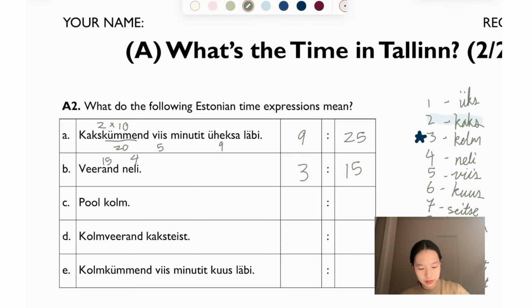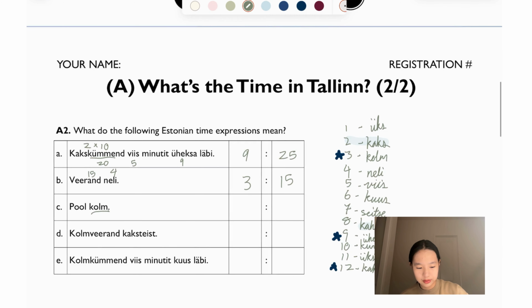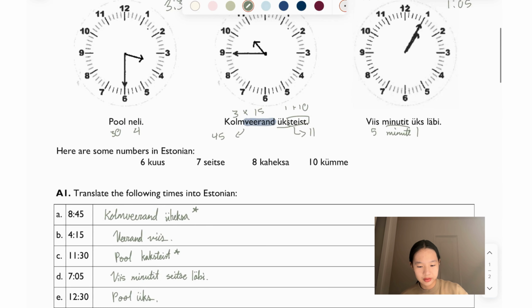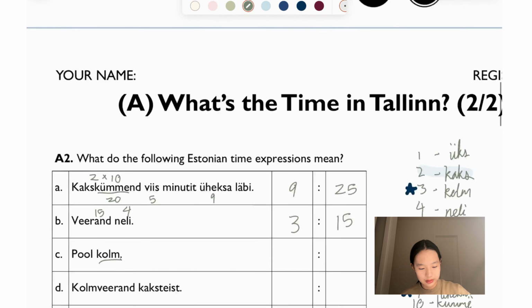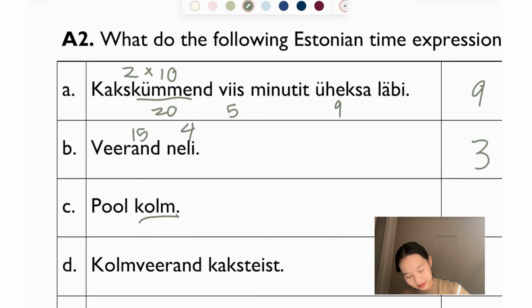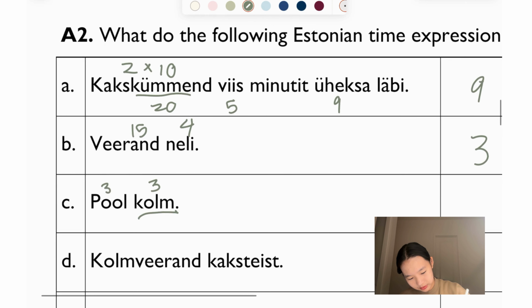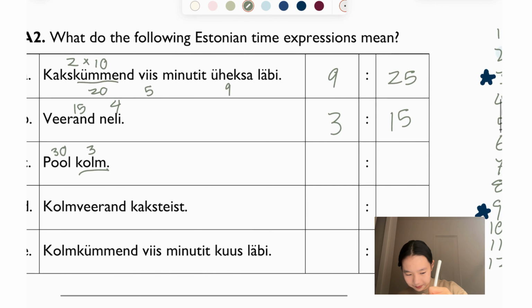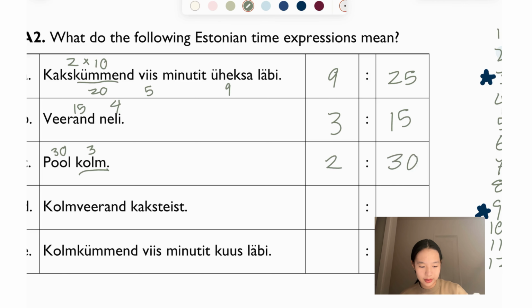And then pool kolm, well, here they give us kolm, and then we guessed that that was 3 from the komviran yuksetsa. So we also guessed correctly there. So that's 3, and then this is 30. So this would be not 3:30, but 2:30, since we go back an hour.